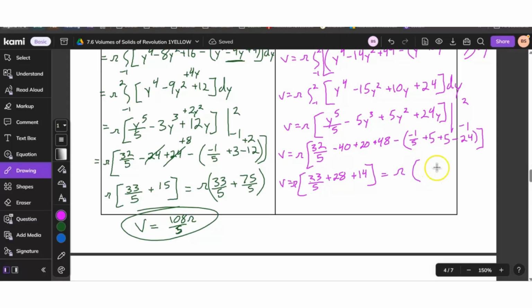So I get 33 fifths plus 42. Put them into a common denominator. And I will get 210 over 5, which gives me 243 pi over 5 for my volume. Did it.